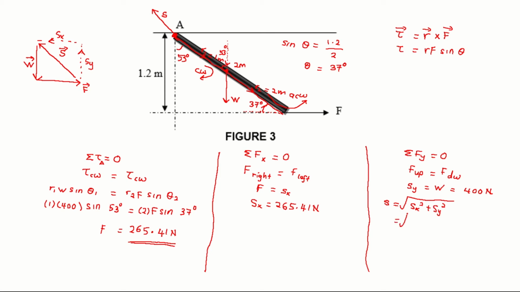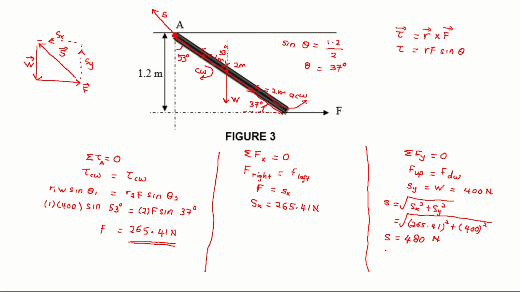Substituting the values, 265.41 squared plus 400 Newton squared. Using the calculator, you get 418 Newton.